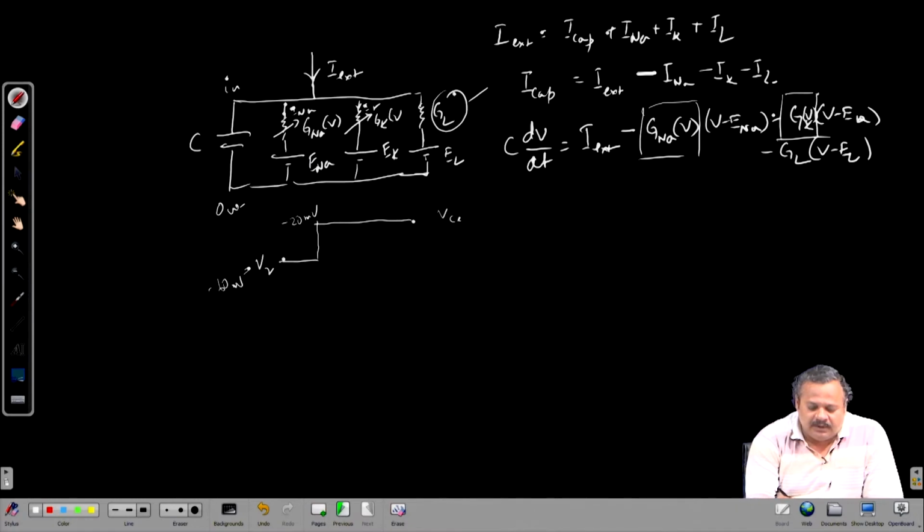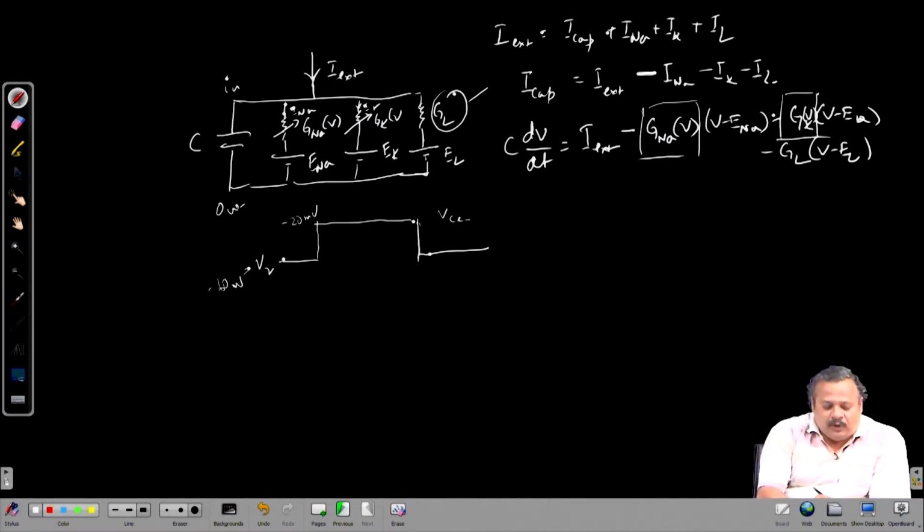This is our V clamp, and we bring it down some 10-15 milliseconds later. Now, by putting in cesium ions, which blocks the potassium channels, we are left with only the sodium channels.